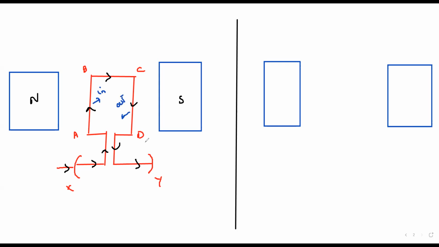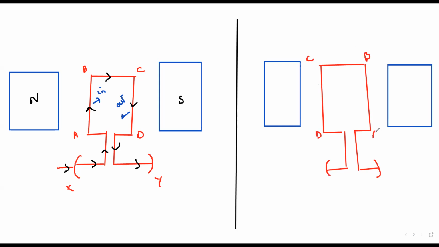And now what happens? It will change position as it rotates. When it rotates, side CD will be on the left hand side now, and side AB will be on the right hand side. So this will be side CD, and this will be side BA, and we have north and south.